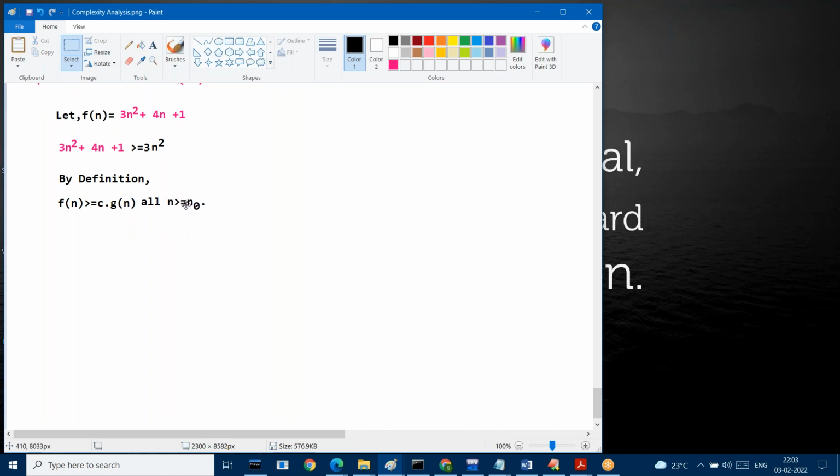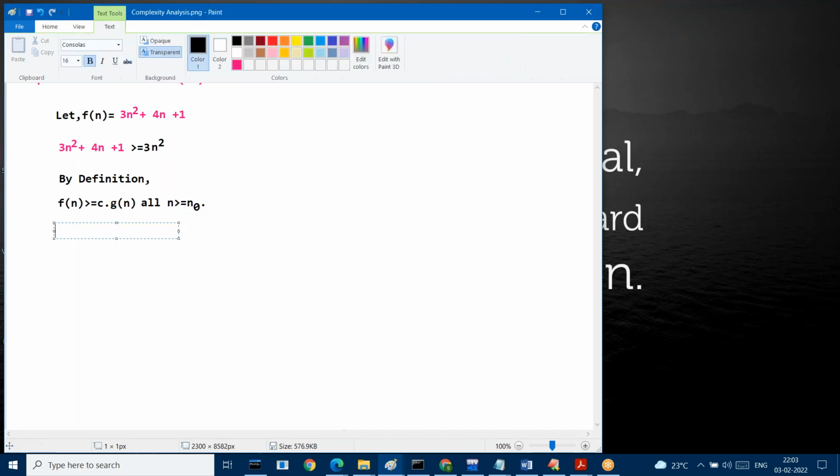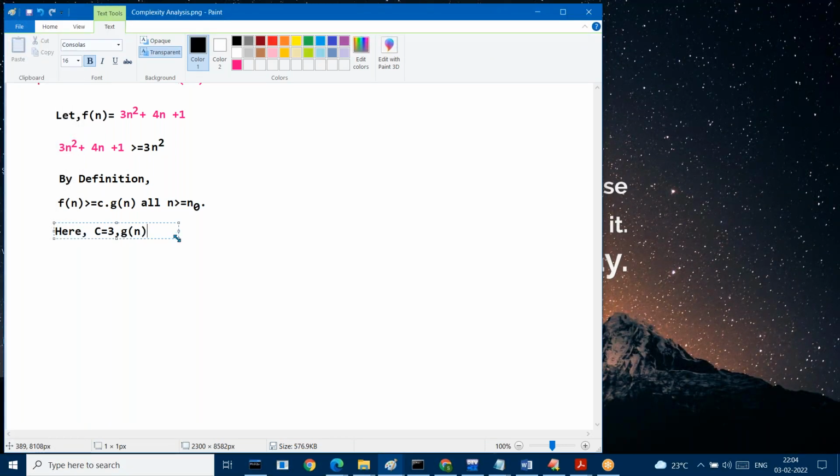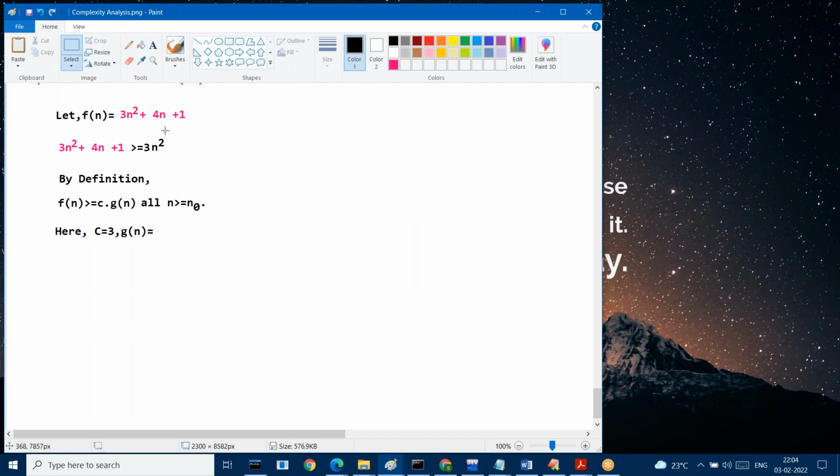Sir, f(n) is equal to big omega of g(n). Now you see what is happening here. Which thing will be your c? Sir, 3. Which thing will be your g(n)? n square. g(n) is equal to n square.